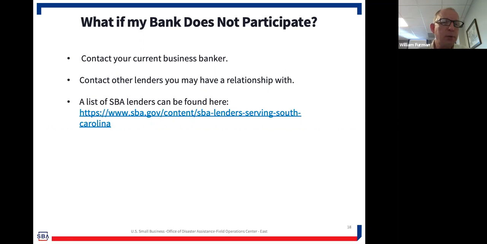A lot of non-traditional and non-bank lenders have jumped in the fray as well, so you can go online and do a little research, and you'll find all sorts of non-traditional lenders that will also do these PPP loans or are now eligible to do the PPP loans. So finding a bank shouldn't be too much. It was really difficult to start with, but that crisis is pretty well calmed down.